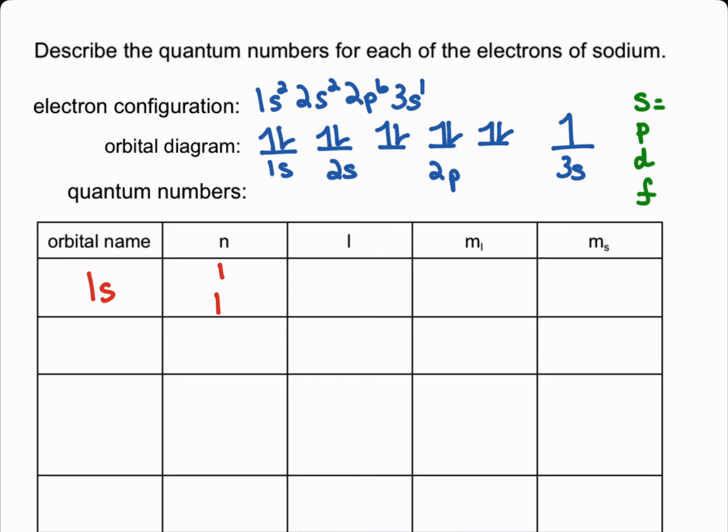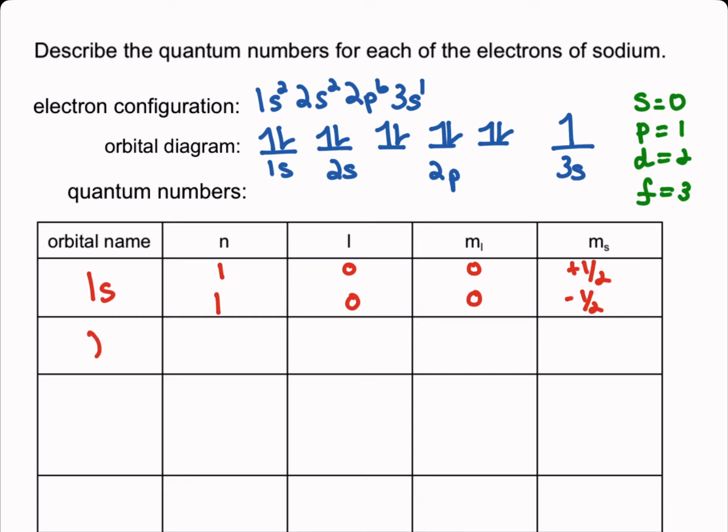And that means l equals 0 for s, 1 for p, 2 for d, and 3 for f. So we're in the shape s, so that means l has to equal 0. There's only 1 subshell, so ml would be 0. 1 electron spins upward, that's a +1/2, and 1 electron spins downward, that's a -1/2.